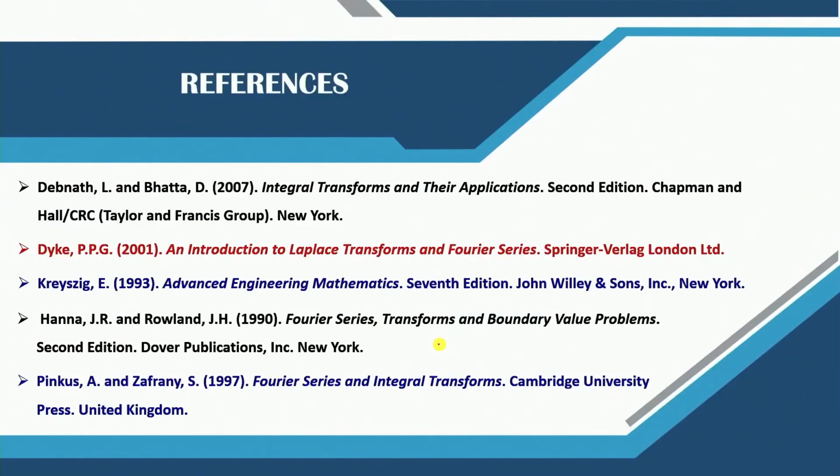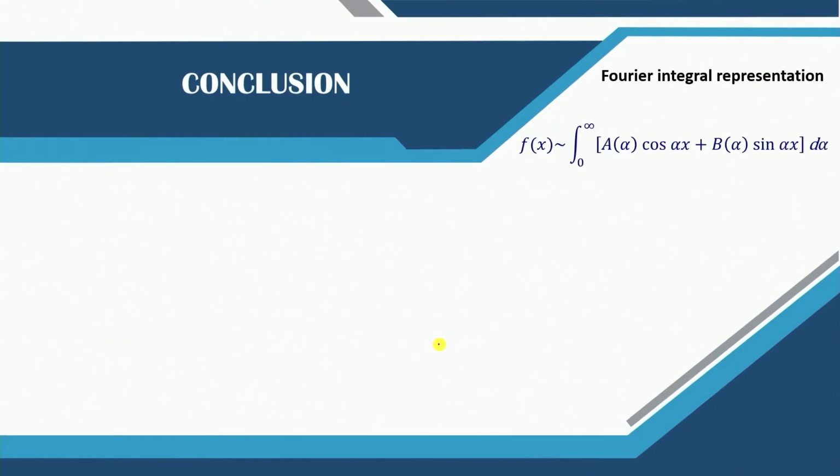Well, here we have the references which were used for preparing this lecture, and now just to conclude: the Fourier integral representation was given with a(alpha) and b(alpha) terms with cos alpha x and sin alpha x, which in general has the cos terms as well as the sin terms.